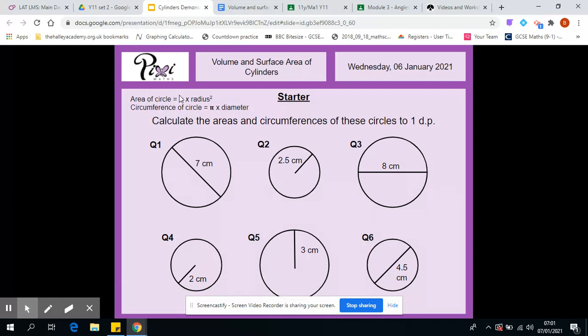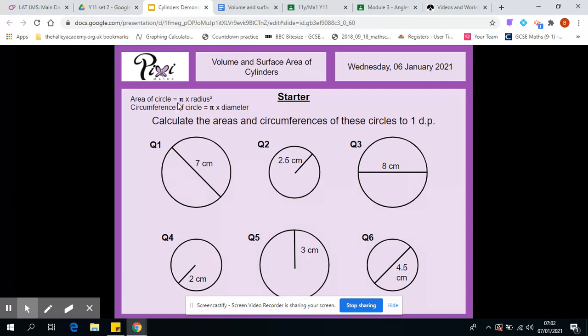Make sure you use the pi button on the calculator, and if you can't find the pi button, use pi as 3.14. Press pause and have a go at these answers in your exercise book or a piece of paper. Once you're ready, please press play and you can check the answer.